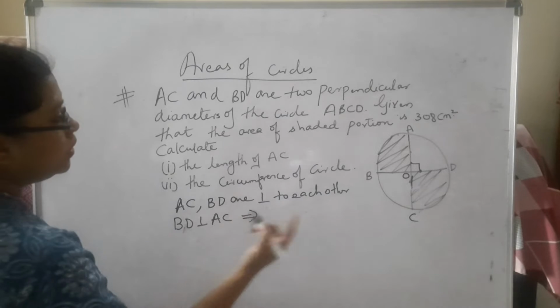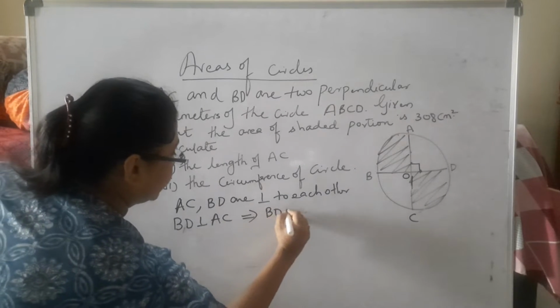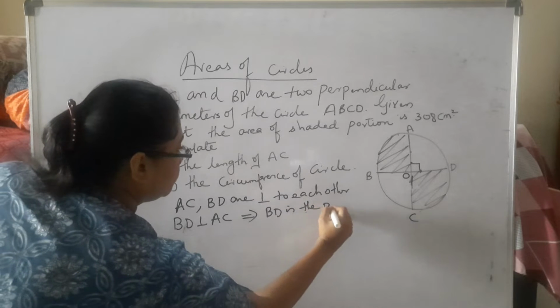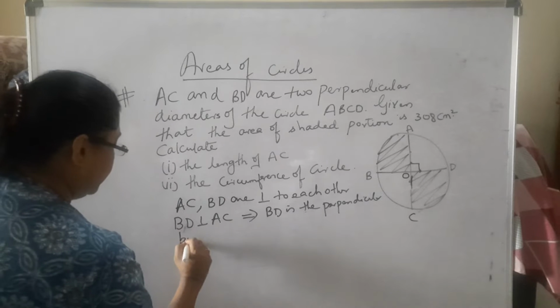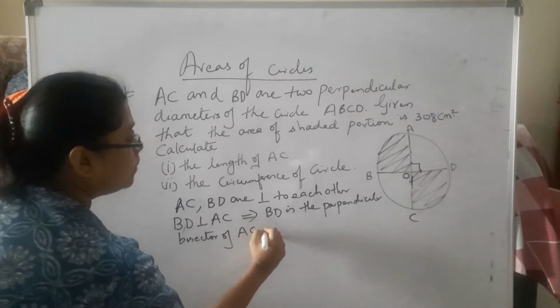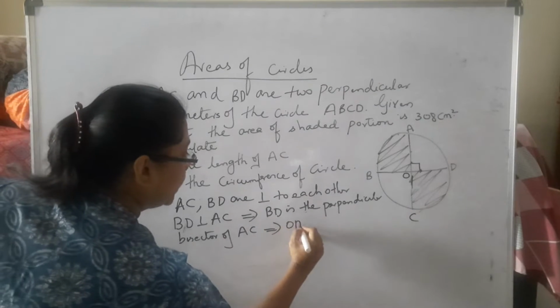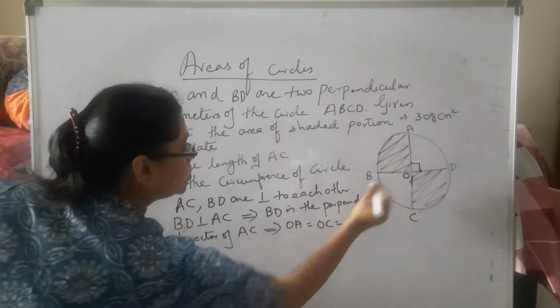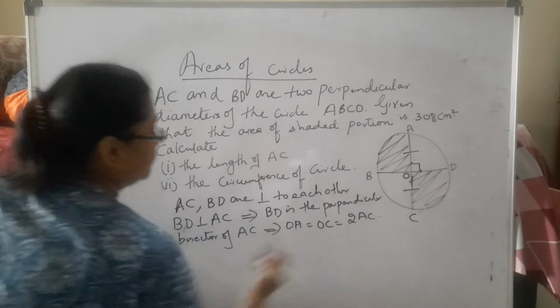That implies BD becomes the perpendicular bisector of AC. If BD is a perpendicular bisector of AC, OA is equal to OC, which is half of AC.